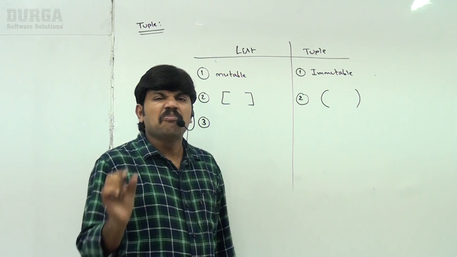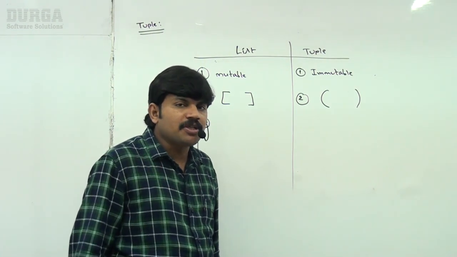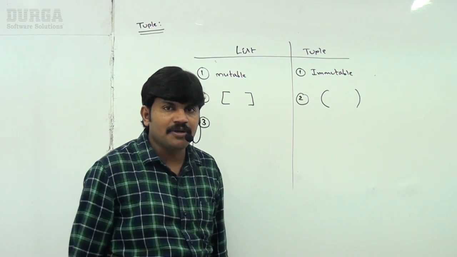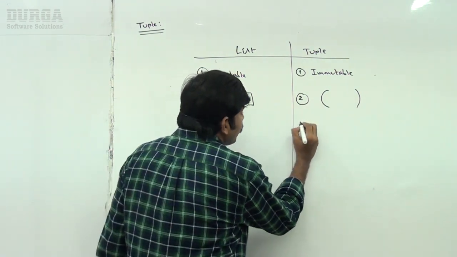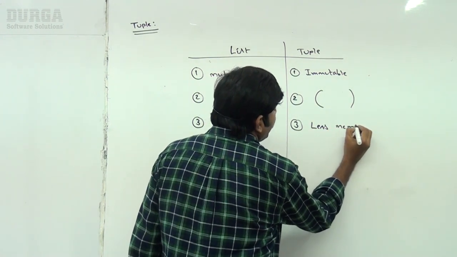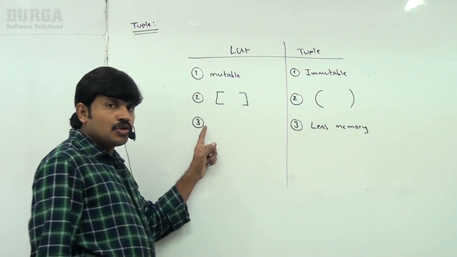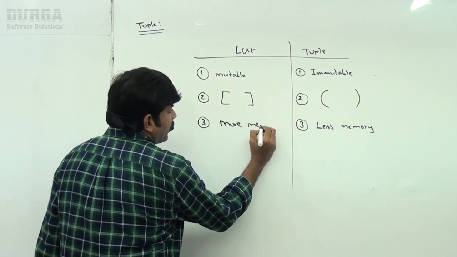Even a bigger value is stored using very few bits. So to store tuple elements, the Python virtual machine requires very little memory. Next, to store list elements, the PVM requires more memory.